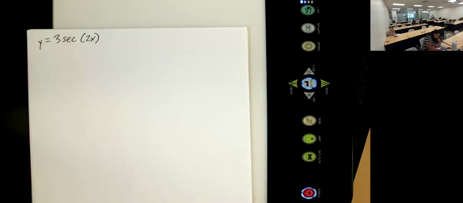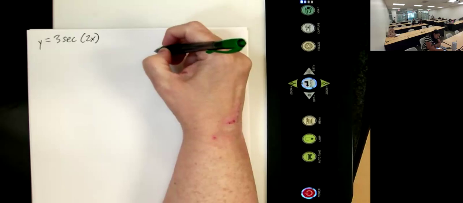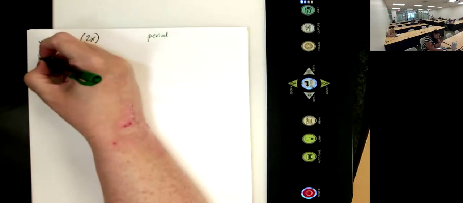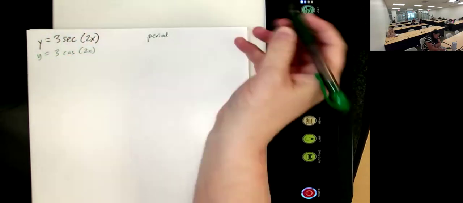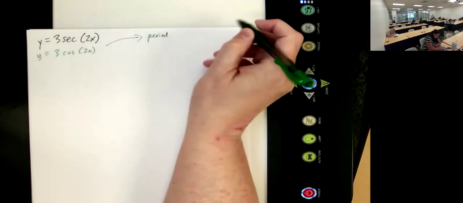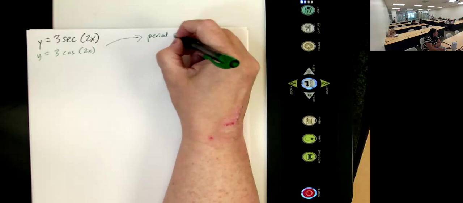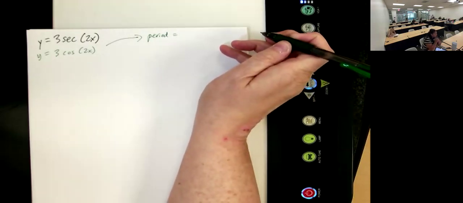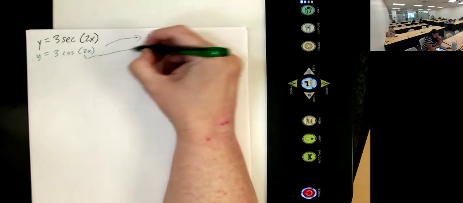What does our period look like? How do we find the period of cosine? We're gonna start off by graphing y equals 3 cosine of 2x. So what would the period of that be? And how do we get that? That's right, 2 pi divided by the 2 from there.